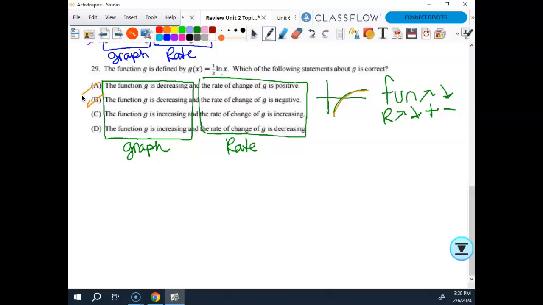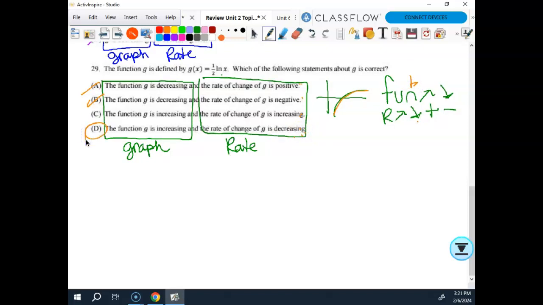And then the rate, I want to know if the rate is positive or negative, or actually no. Positive or negative was here. This is increasing or decreasing now, but we'll go ahead and talk about these also. So the function is increasing, and then the rate, since this is concave down, is decreasing.